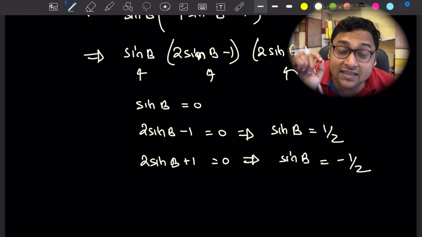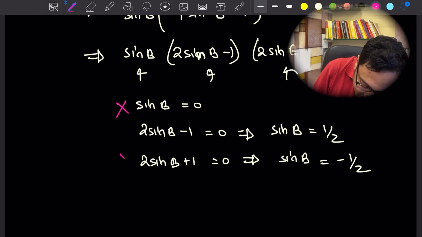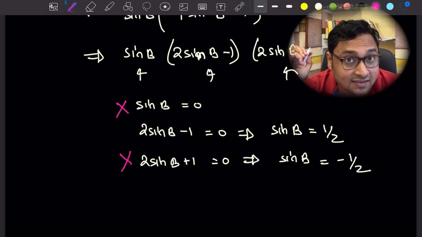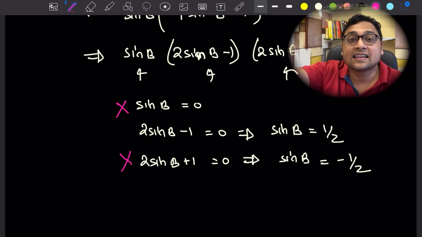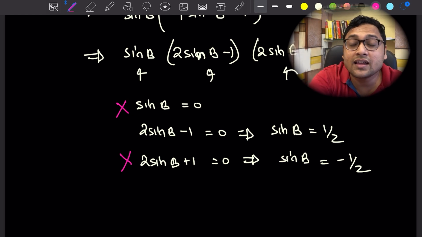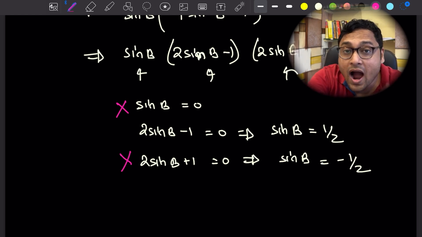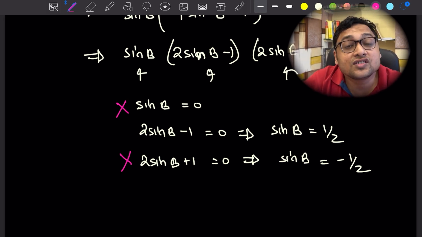Now here comes the challenge question. I will discard these 2 cases. I will not take sine b equal to 0 and sine b equals negative half. Can anyone in the audience tell me why I can safely discard these 2 solutions?